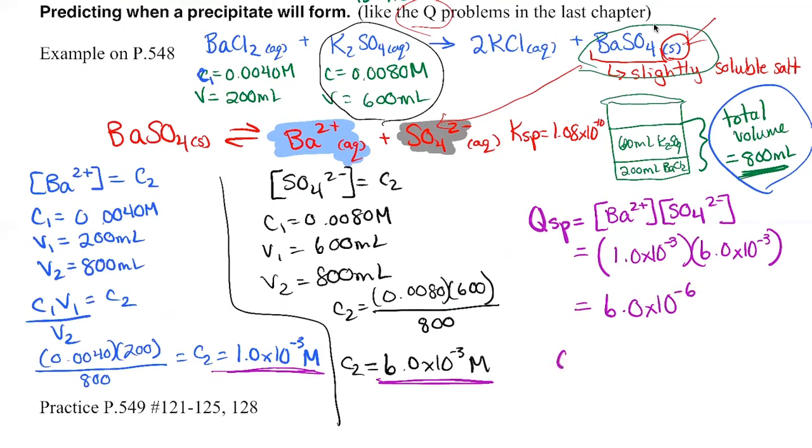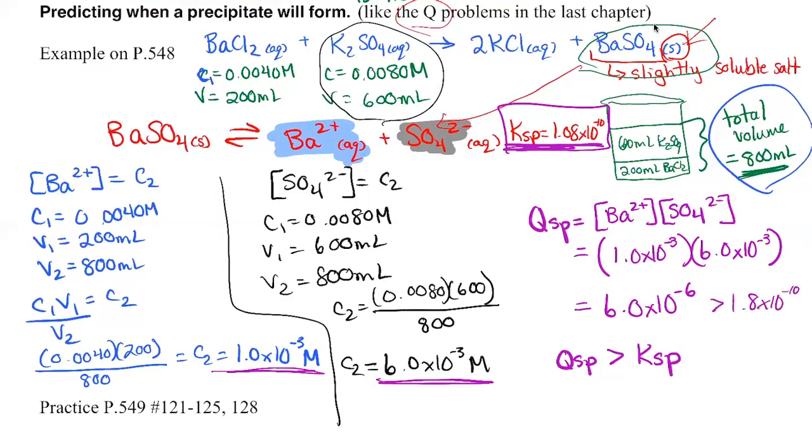So here we're going to see that Qsp is greater than the Ksp. Ksp again is this number here. So that 6.0 times 10 to the negative 6 is greater than the Ksp.